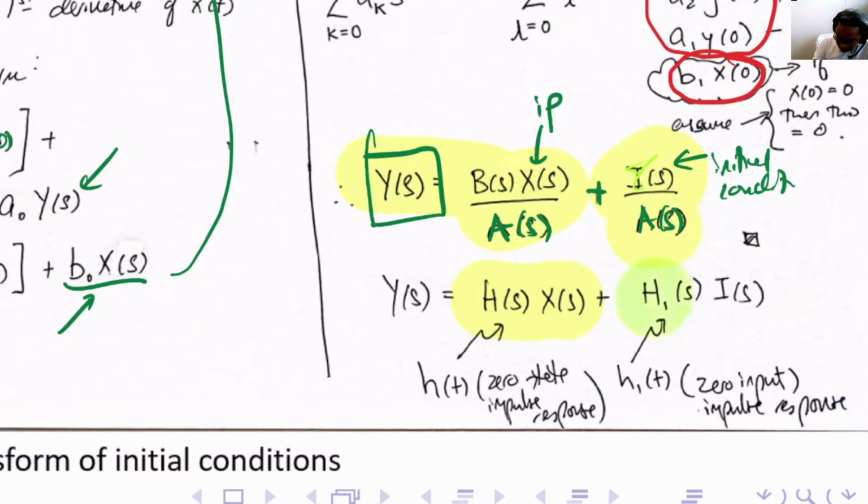Or I can analyze it only due to the initial condition, or I can say due to only the zero input. So now you see why H of s and H1 of s exist. H1 of s is different to H of s. In fact, it's very interesting. H1 of s is simply 1 over A of s, while H of s is B of s over A of s.